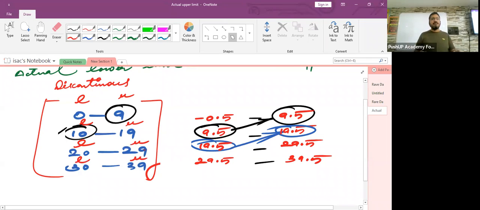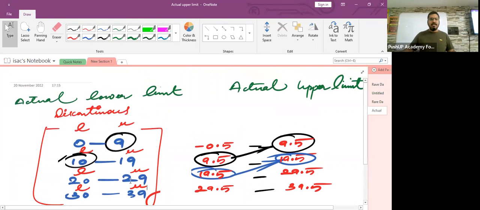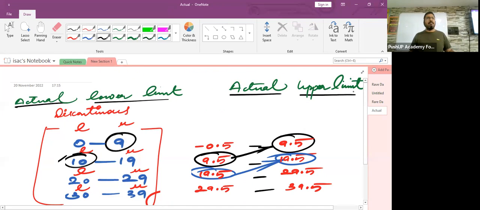If I simply ask you for a given discontinuous class interval, the lower limit and the upper limit will remain the same as we did for continuous class interval. No change in that. But then why is there a separate term, actual lower limit and actual upper limit?